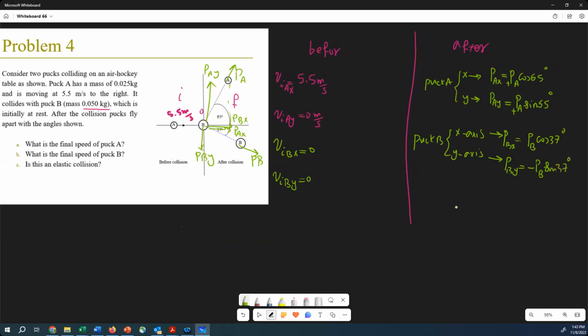Okay? Yep. Good. So these are going to be after collision, yes? Okay, we should know that the momentum of A, good, initial momentum of A, let me just use this.